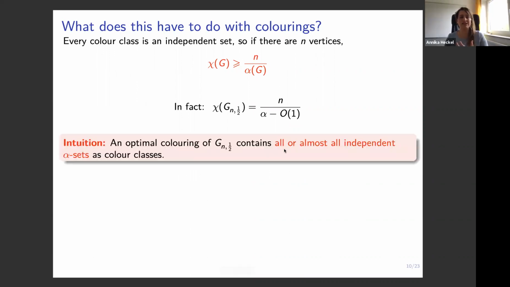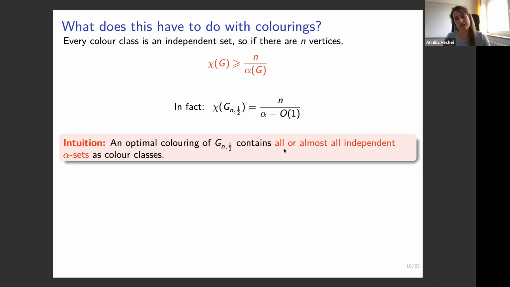And the intuition is now, well, an optimal coloring of G(n,1/2) probably contains all or almost all independent alpha sets as color classes. So I could go into this in more detail. We think the chromatic number of G(n,1/2) is close to the point where the expected number of colorings is at least 1.